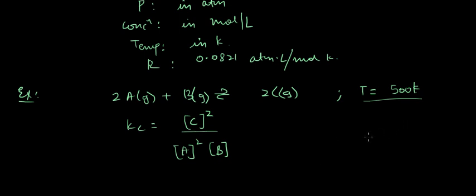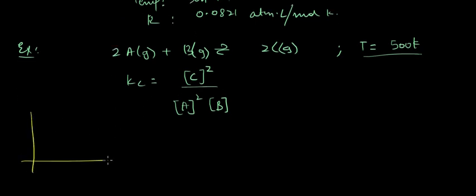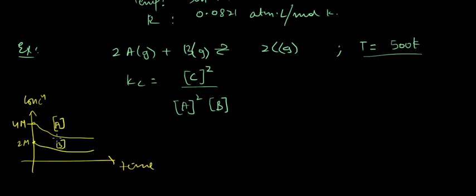In this case let us look at the graph. So the graph is something like this, concentration with time. We have 4M from which concentration of A started, then we have 2M from which concentration of B started, and we have 0 from where concentration of C started and it reached 3M.